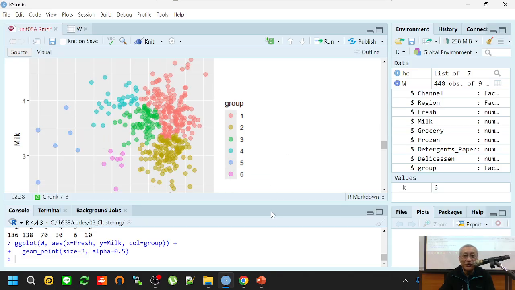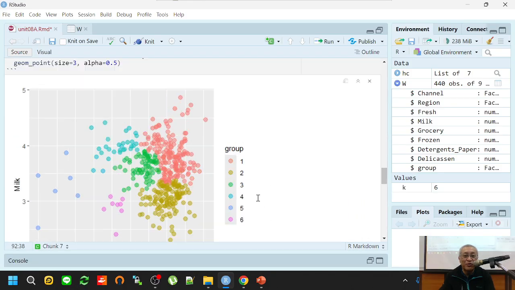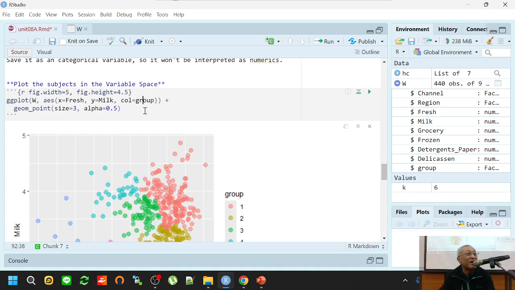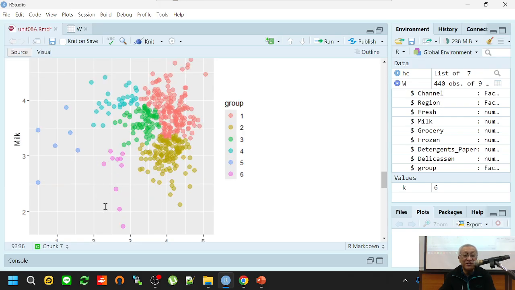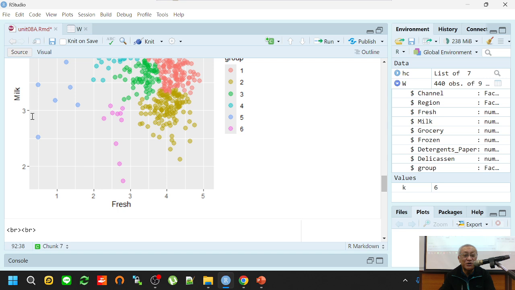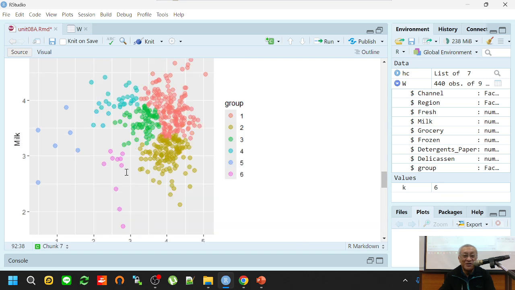Because right now I'm grouping them into 6 groups, we will have 6 groups, and you can see that in this space, the closer points will be grouped into a cluster, and because they are closer in this space, it means that their variables are very similar, right?